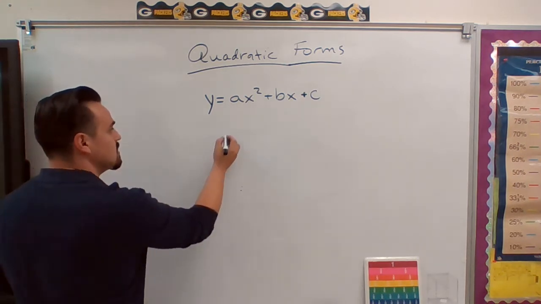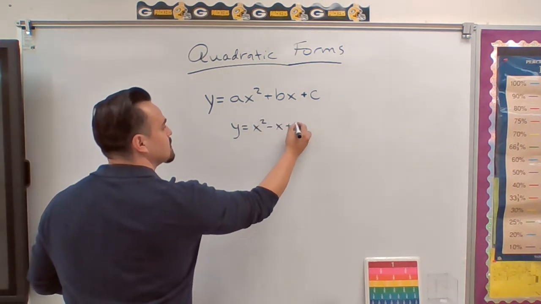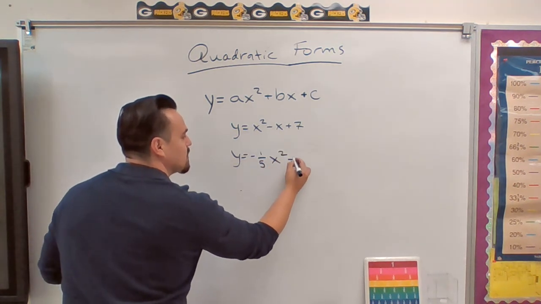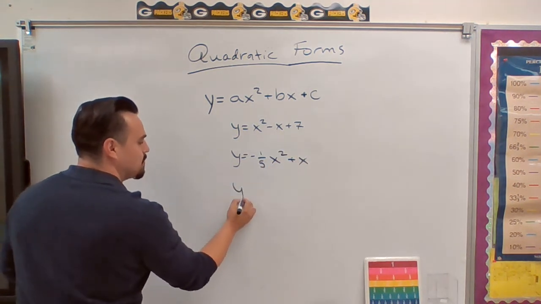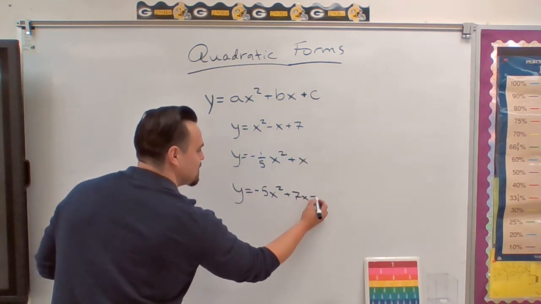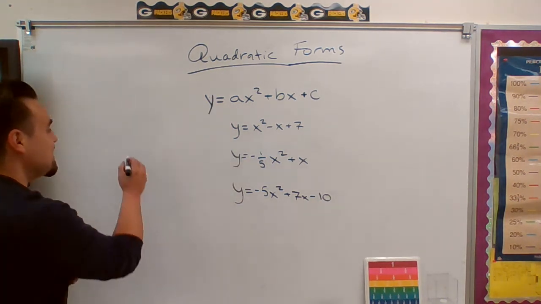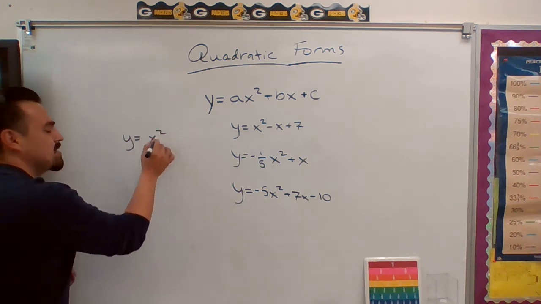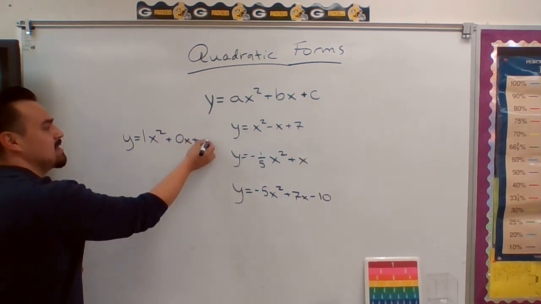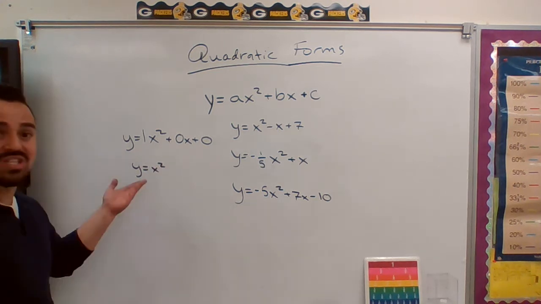You might see y is equal to x squared minus x plus 7, y is equal to negative 1/5 x squared plus x, y is equal to negative 5x squared plus 7x minus 10. All acceptable forms of standard equation. Even y equals x squared is standard. If you think about it, there's a 1 for the A, there's a 0 for the B, and there's a 0 for the C. So y equals x squared is just standard form.